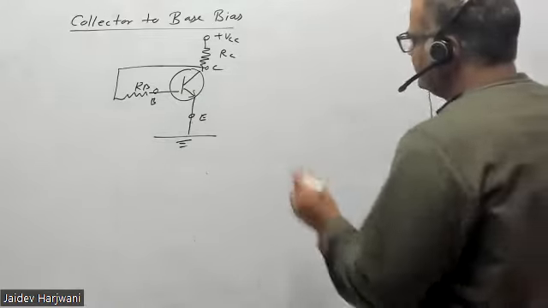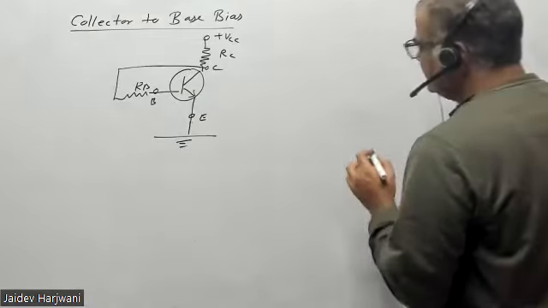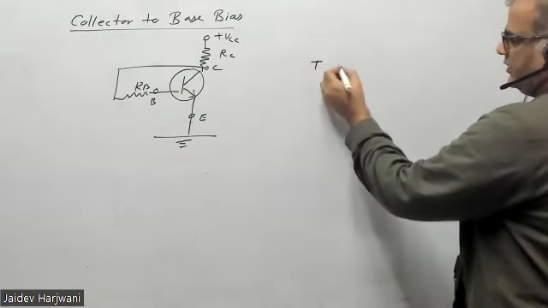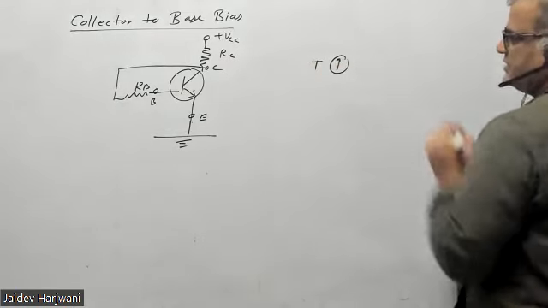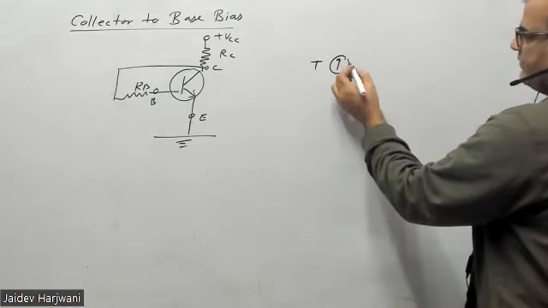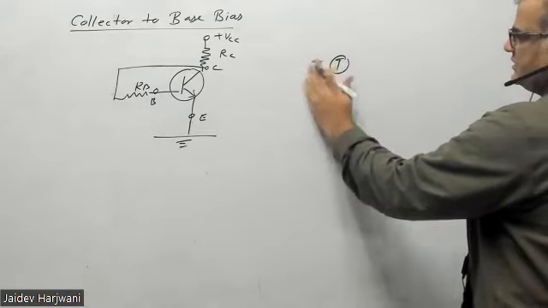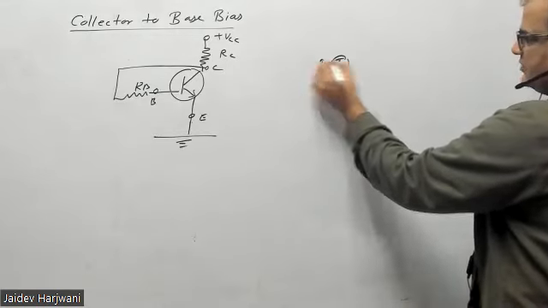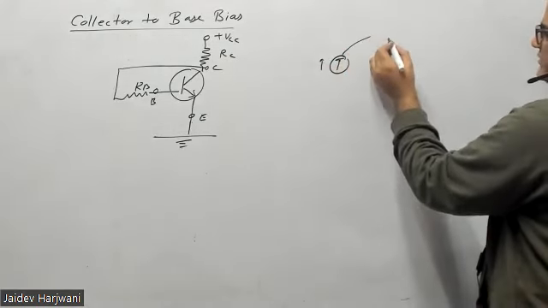It should not go beyond our operating point or operation region. So here, suppose my temperature is increasing. If temperature is increasing, what will happen? We'll discuss this in detail. Temperature increases, so automatically my IC will increase.